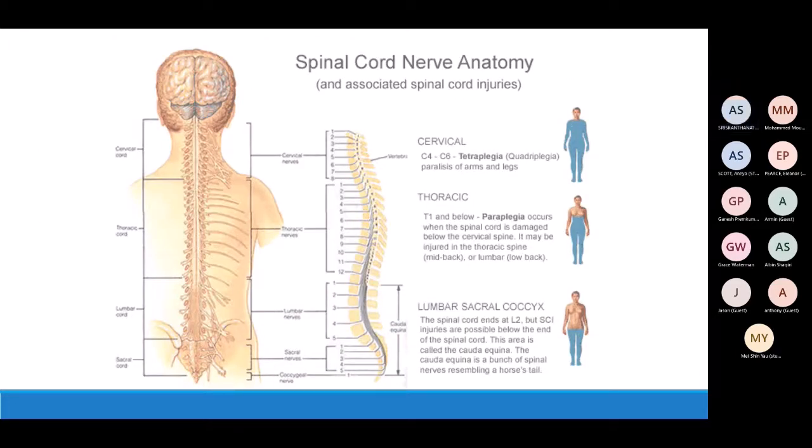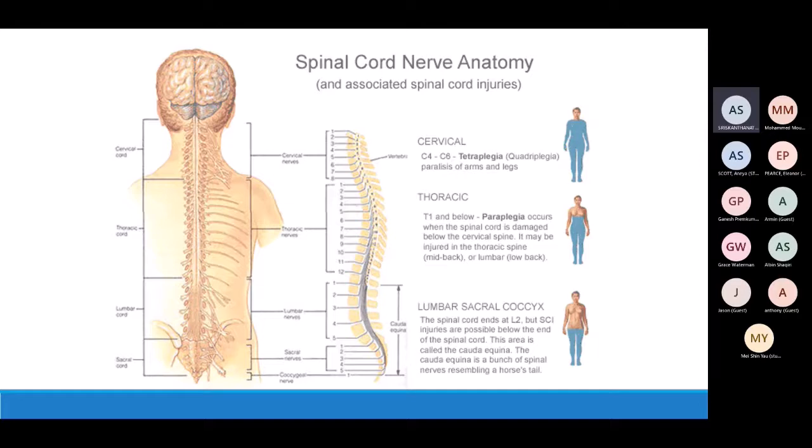So this is just going over the spinal cord nerve anatomy really quickly. Anything around the level of C4 to 6 will affect your limbs, so upper and lower limbs. So that's your tetraplegic or quadriplegic. Below the level of T1, it's your paraplegic, where it's just your trunk and your lower limbs.